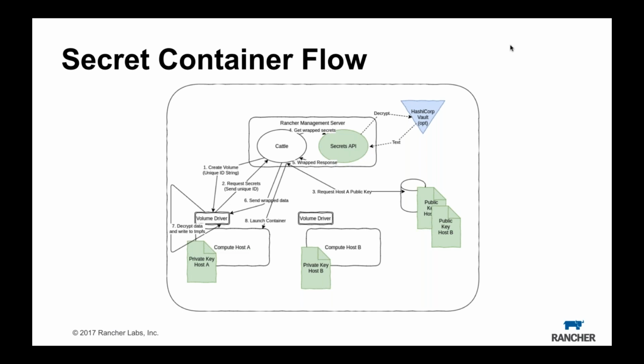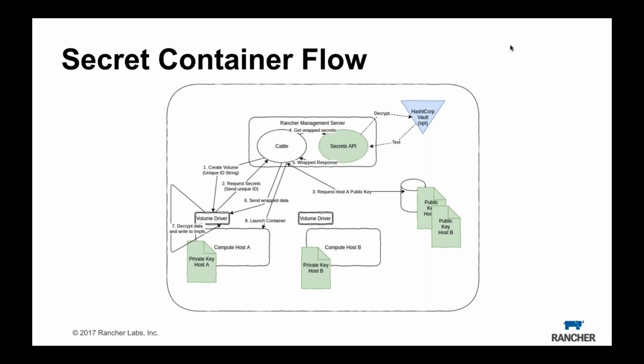Okay. So then the super simple part, using the secrets, getting them into a container, follows this new workflow. A user creates a container and requests a secret to be added to that container, and we'll go through what that looks like a bit more in the demo.